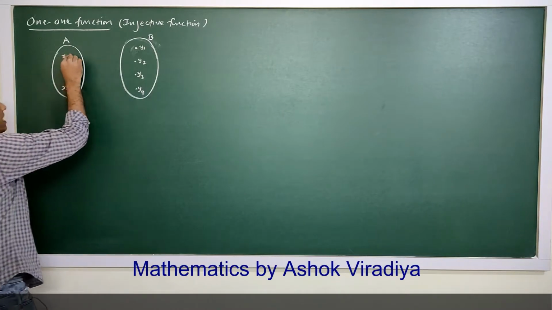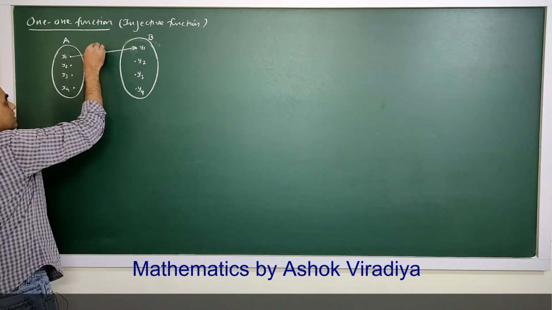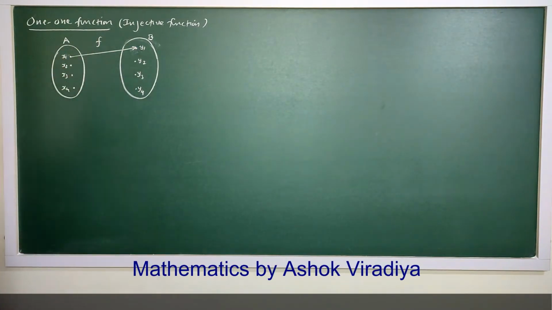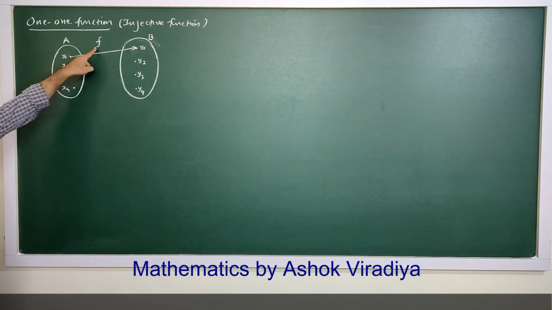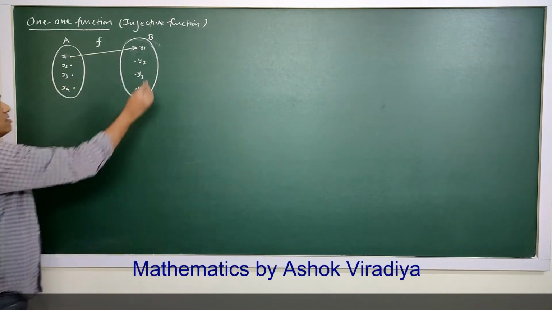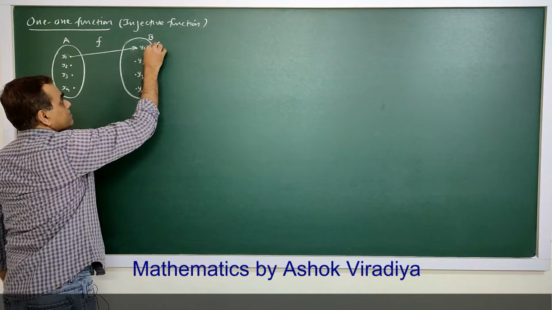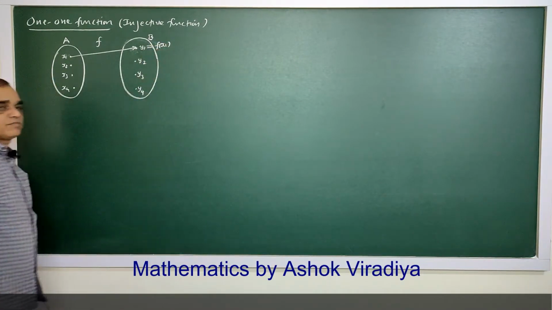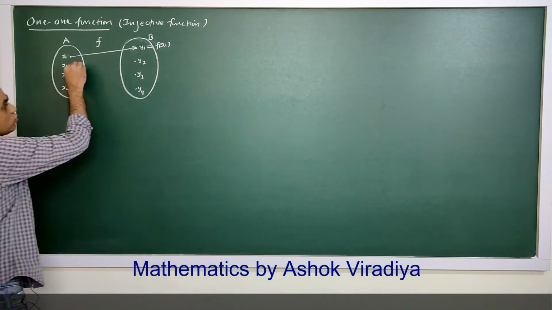Suppose the image of x1 is y1. Here the function is f. The image of x1 under f is y1, so y1 is the image of x1. The image of x2 is y3.